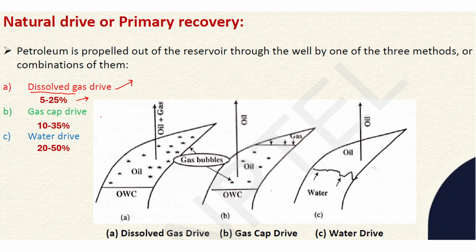So when pressure is lowered further, all this gas present in the oil comes onto the surface and forms a cap. It basically forms a kind of gas cap, and it gets released from the oil. So 10 to 35% of crude oil is released by this method, which is the gas cap drive.